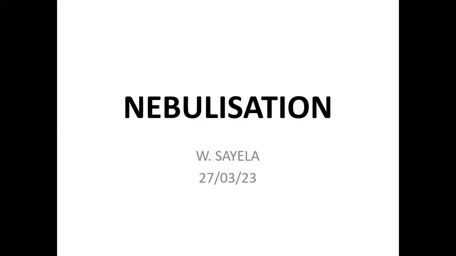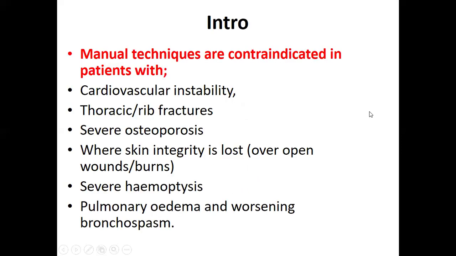Now we are continuing, talking about nebulization, which we also mentioned when we were talking about humidification. We talked about using a nebulizer. So let's talk about the process of nebulization. What is it about?